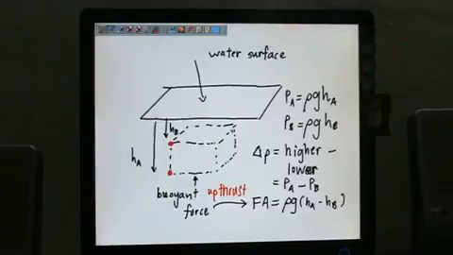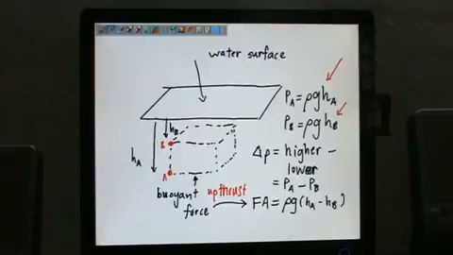The pressure at A is higher than the pressure at B, so the higher pressure would certainly push up. The difference of pressure is higher minus lower, so you have PA minus PB. PA is rho g HA, and PB is rho g HB. So PA minus PB is rho g, and then you factorize, you get HA minus HB.